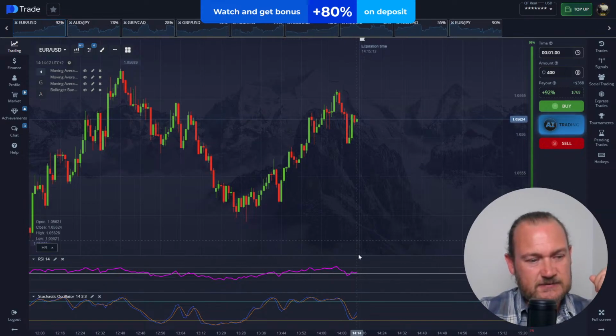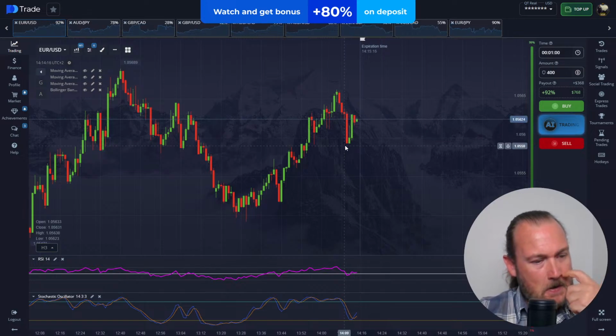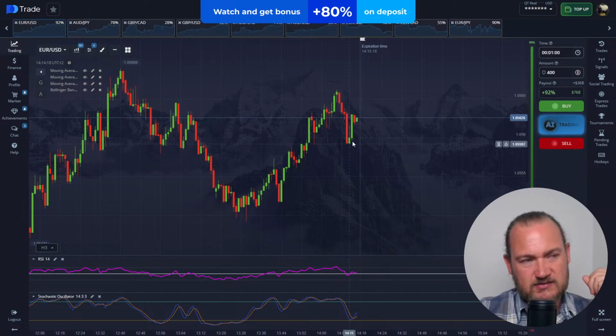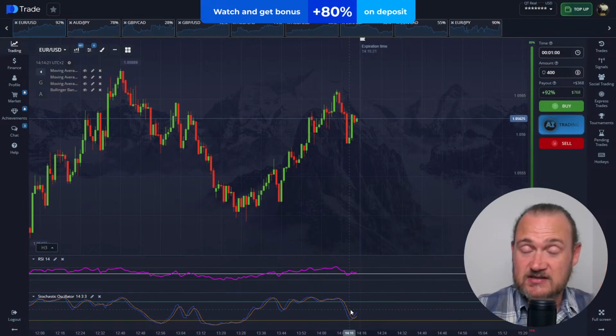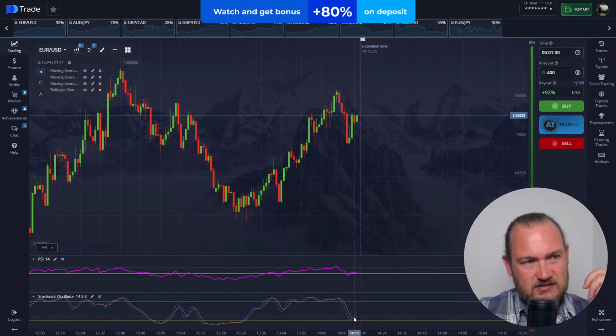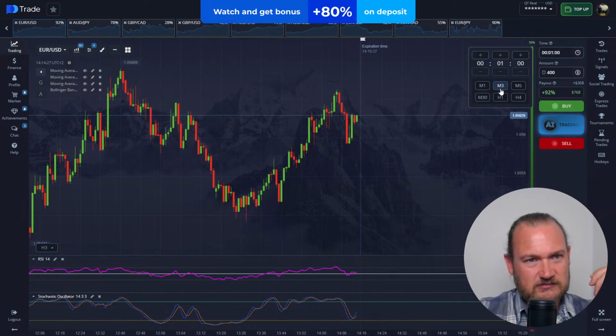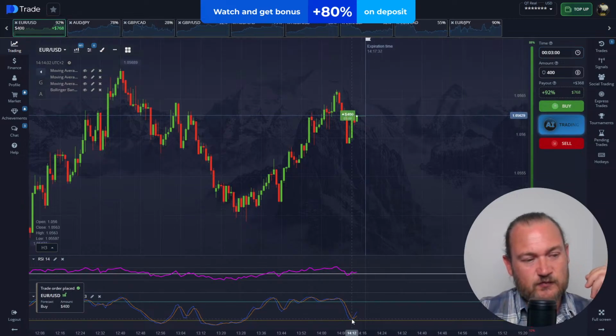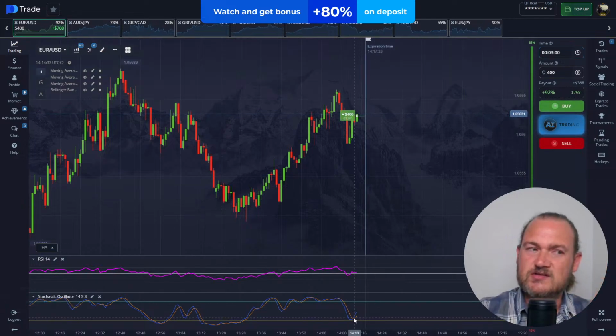When do I take this? This one was a bit tricky because of the massive movement. This is the reason why I love the stochastic so much. I'm actually going to take this trade. Let's go with 3 minutes. The ideal time for me to take this is when my stochastic crosses over.